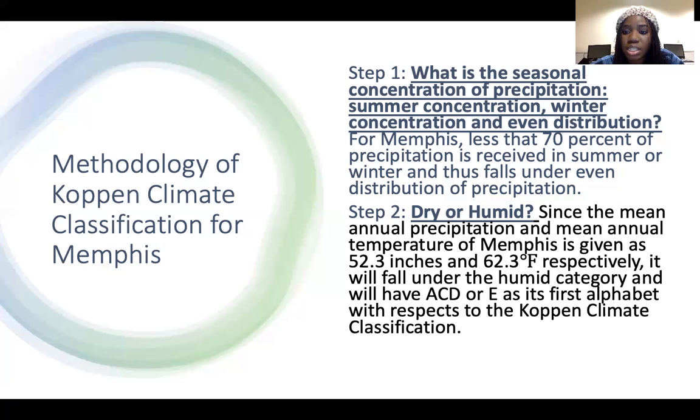Since the mean annual precipitation and the mean annual temperature of Memphis is given as 52.3 inches and 62.3 degrees Fahrenheit, respectively, it will fall under the humid category and will have either A, C, D, or E as its first alphabet with respect to the Köppen climate classification. So basically, Memphis cannot fall under B, but can fall under any other category.